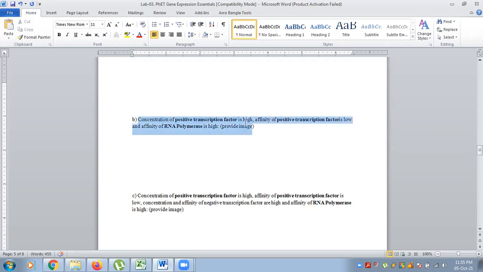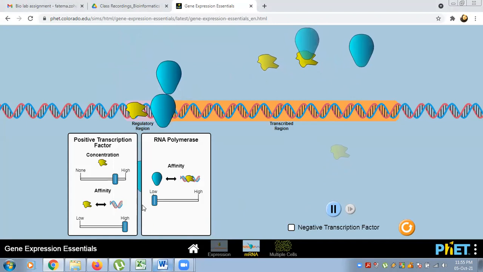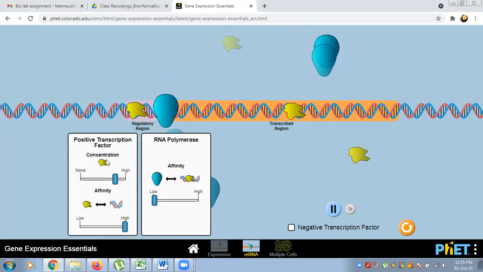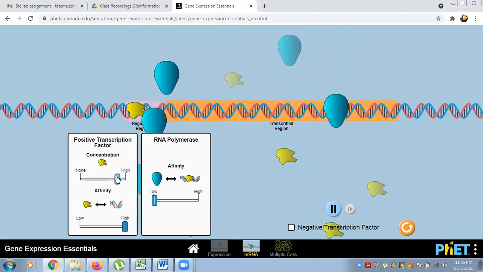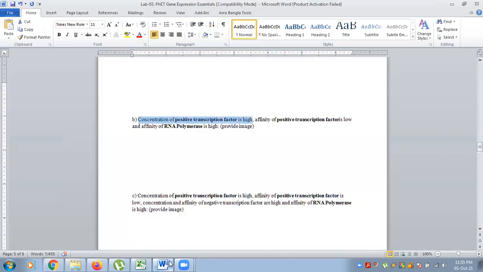Concentration of positive transcription factor, we need to fix it high. So this is the concentration of positive transcription factor, which is high. I've already set it high. Then affinity of positive transcription factor is low.